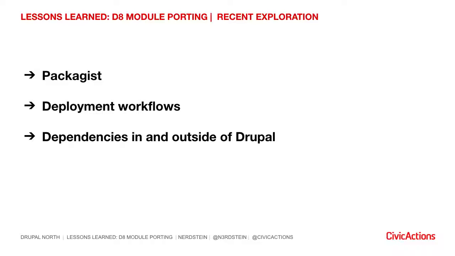But one of the really interesting things is that 8.1 changed things, and Peter is probably more equipped to describe this, but the vendor directory that Composer produces was moved out of core, right? So 8.1 basically changed the capabilities for Composer to be defined on a project-by-project basis.